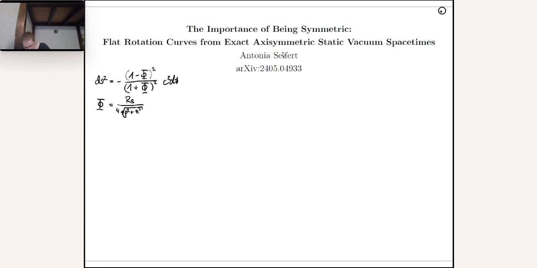This is for the time part. And then we have a factor (1 plus capital Phi) to the 4 for the spatial part, which we write in cylindrical coordinates.